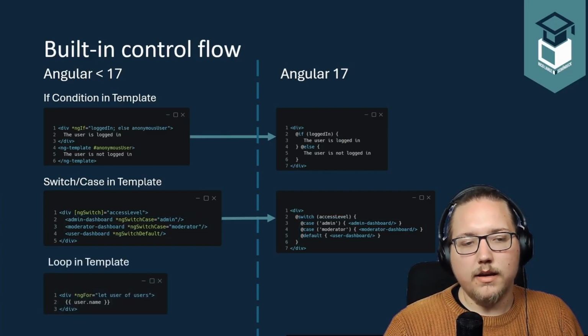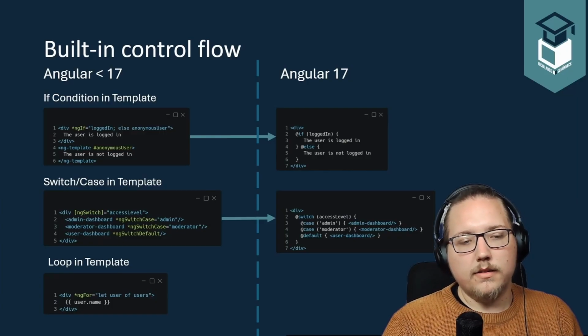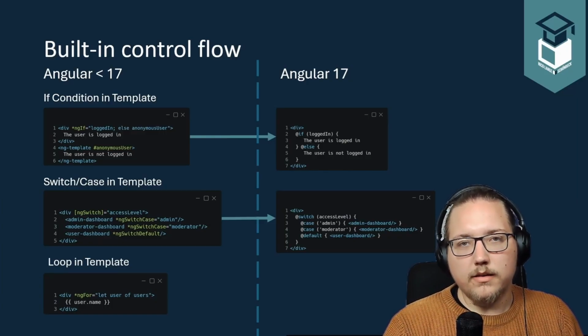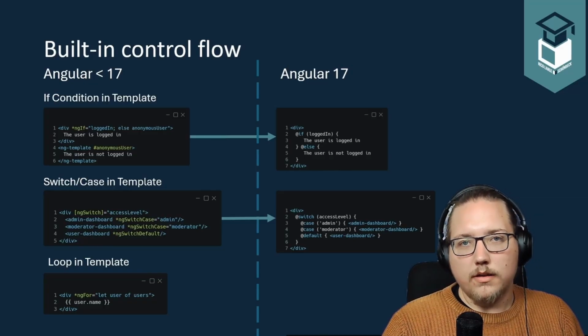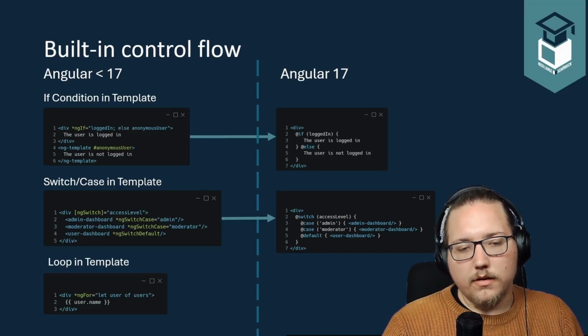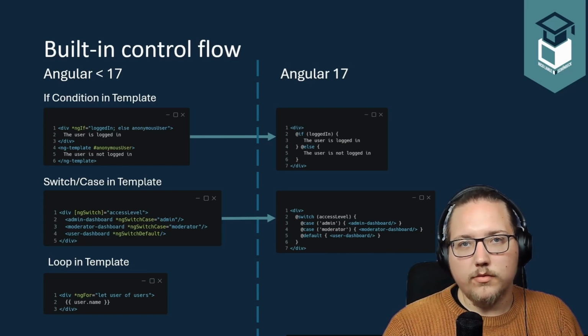Lastly, we take a look at the loop in templates. Here you can see a basic ngFor implementation. It loops through all users, goes with every user inside of this div, and will render the name of the user.